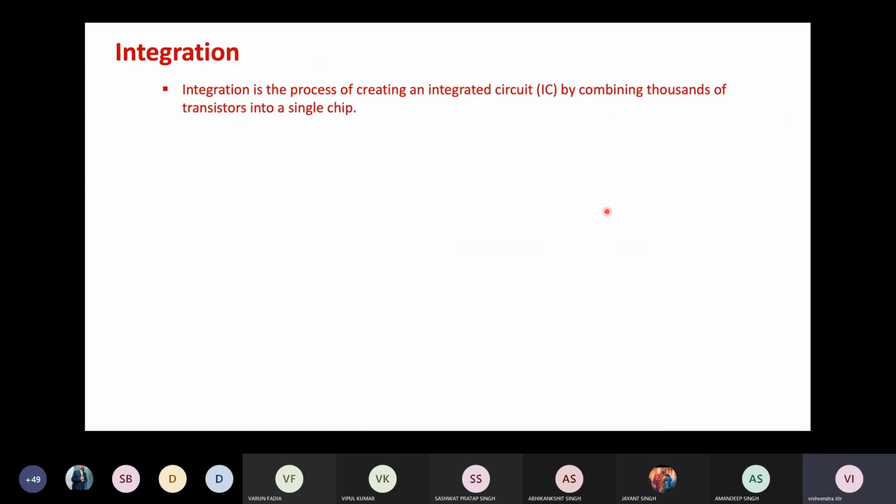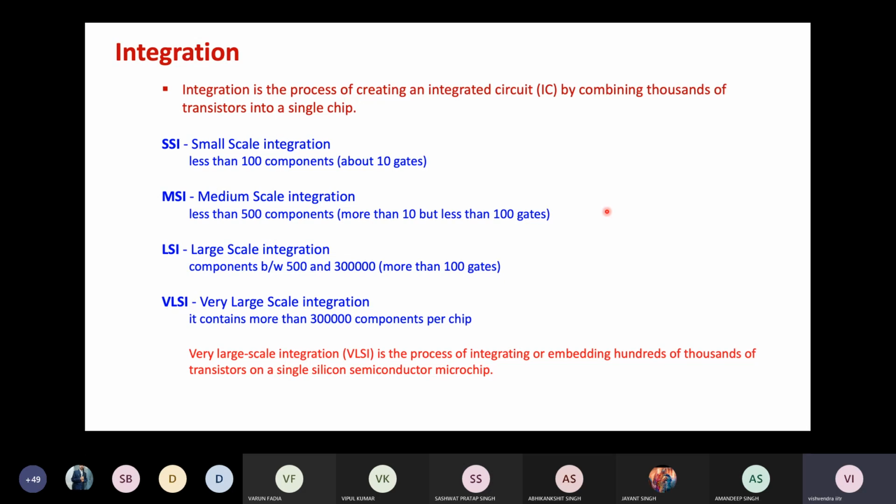Now, let's quickly talk about the integration part. During the history part of electronics, we also talked about it. Integration is a process through which a lot of transistors, a lot of devices are fabricated on a single chip.